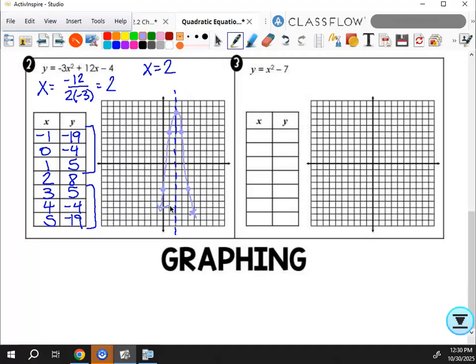And this is not an art class. It's okay if it looks a little wonky as long as your points are right.